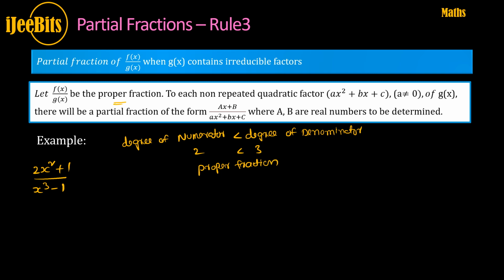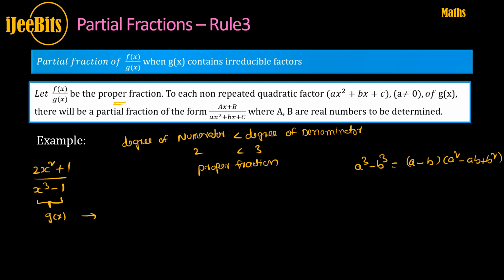Next, we have to find the factors for g of x. X cube minus 1 looks like a cube minus b cube. How do you solve this problem? A minus b into a square plus ab plus b square.